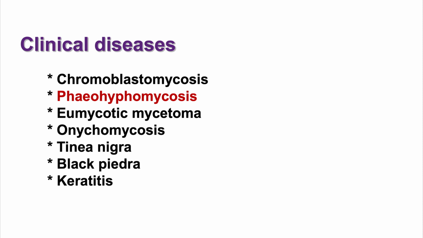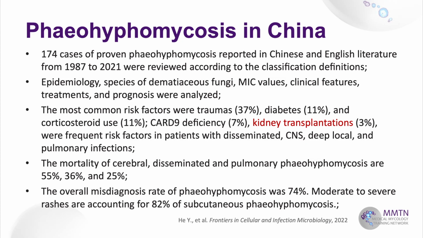Phaeohyphomycosis may range from superficial to invasive clinical types, and others include eumycotic mycetoma and some superficial fungal infections like onychomycosis, tinea nigra, which is often seen in the South Asia area, black piedra and keratitis. So let's focus on phaeohyphomycosis.